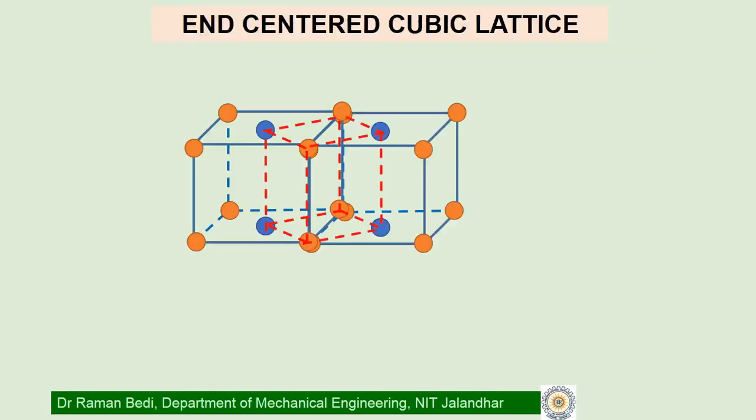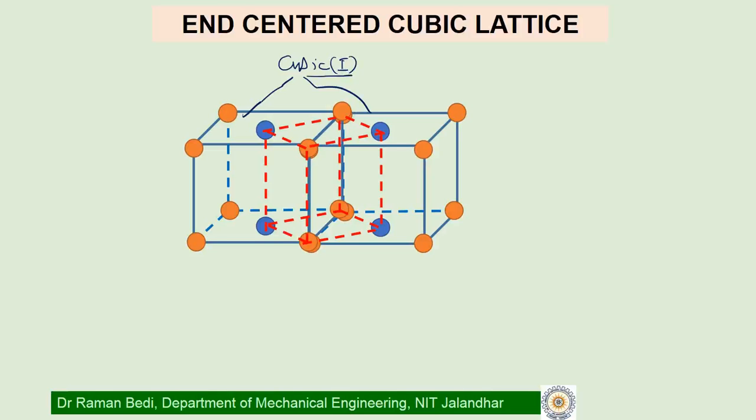So these are, let us say, the two unit cells, this one and this one, and both of these represent an end-centered cubic lattice.